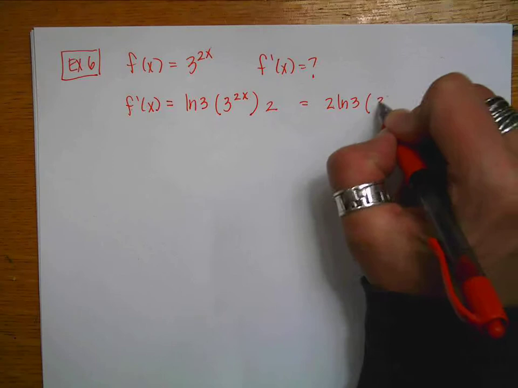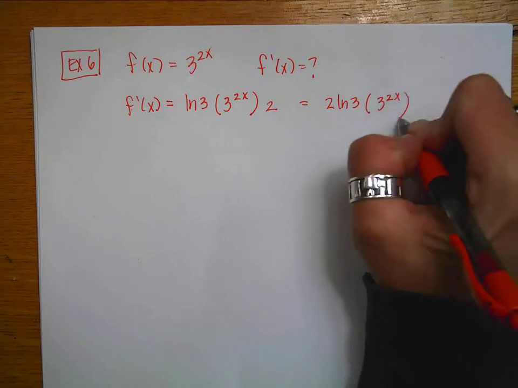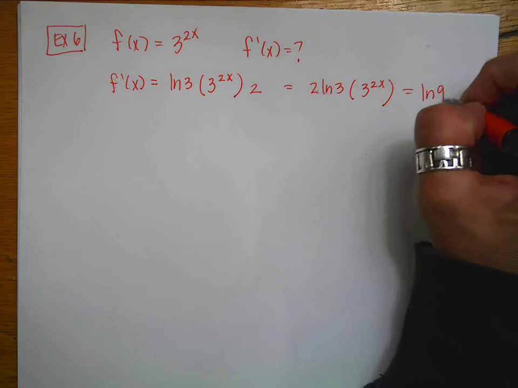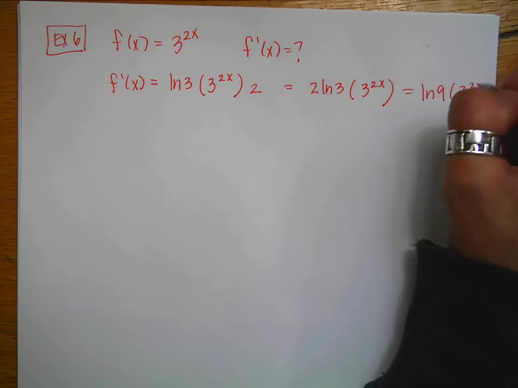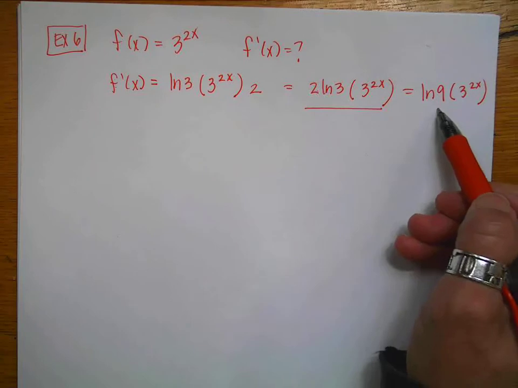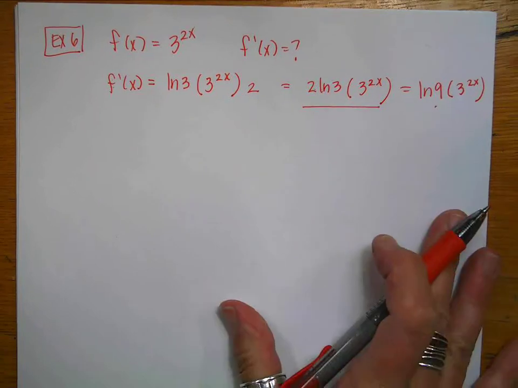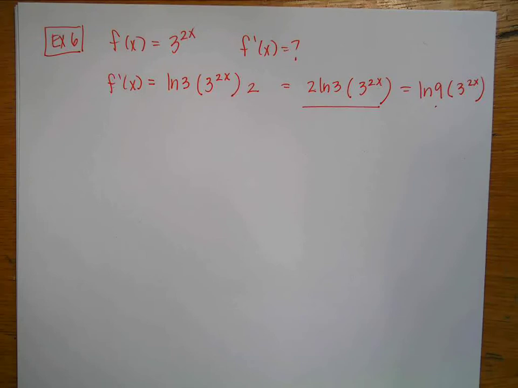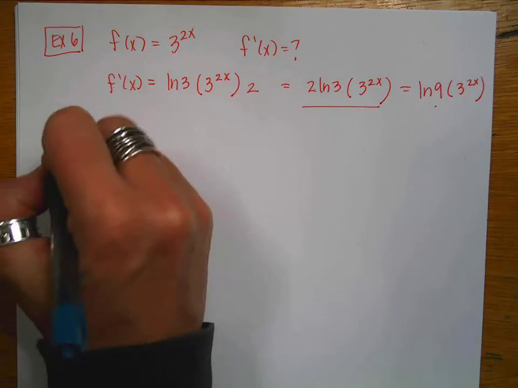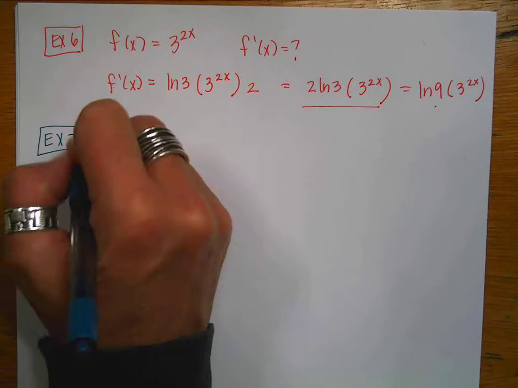So this is going to be 2 natural log 3 times 3 to the 2x. And again, if you wanted to go one more step, you could write this as the natural log of 9 times 3 to the 2x. You can stop here unless maybe that solution's not there when you do a multiple choice problem. Alrighty, I have a couple more examples and then we're done.